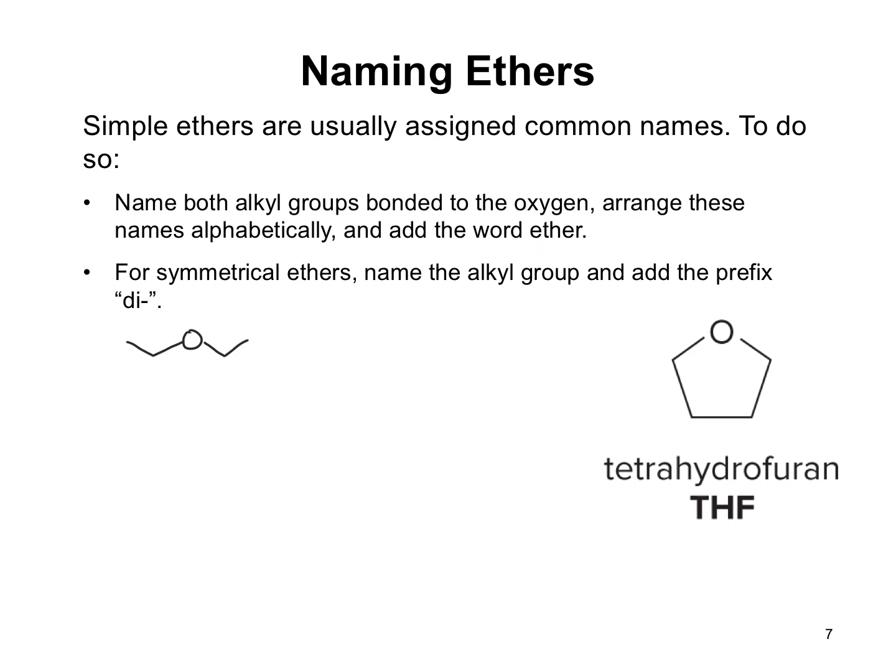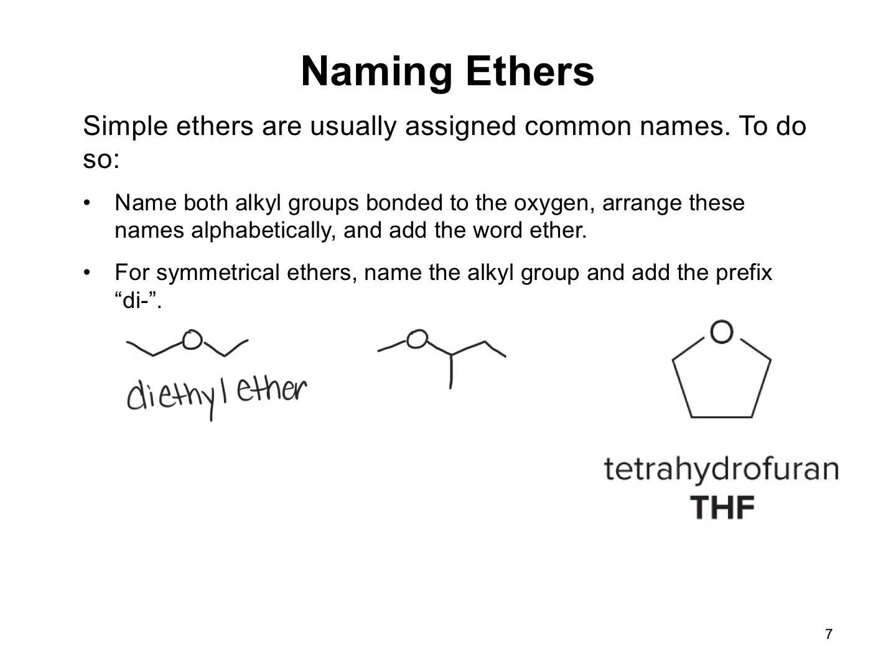If it's symmetrical, we just name the alkyl group and add the prefix di. So for example, this has two ethyl groups here. It is symmetrical, so we would name this as diethyl ether.